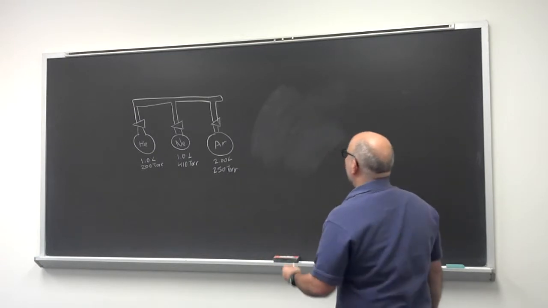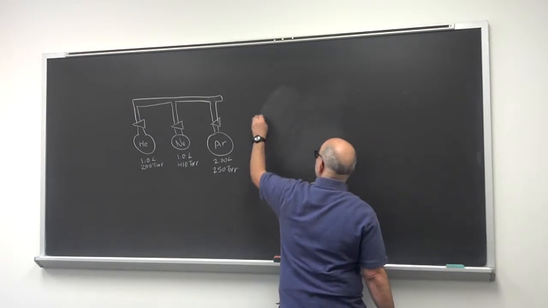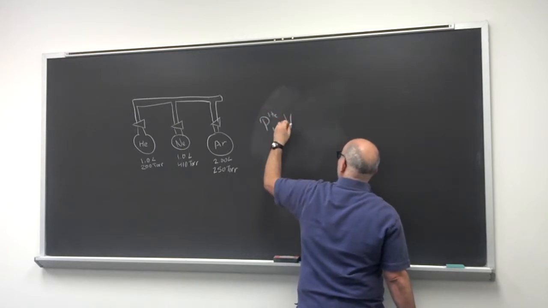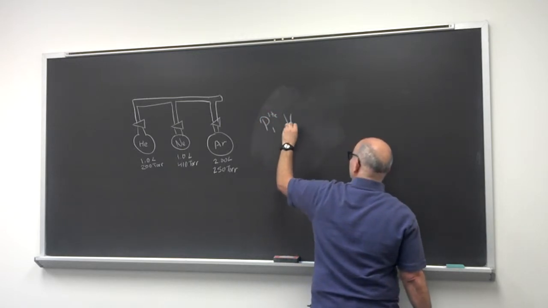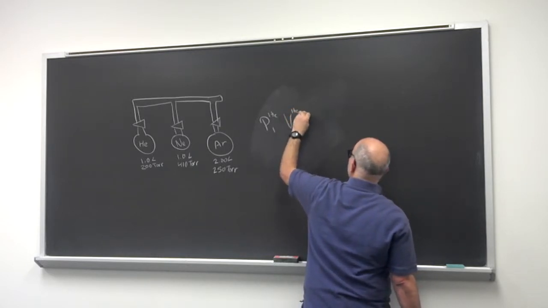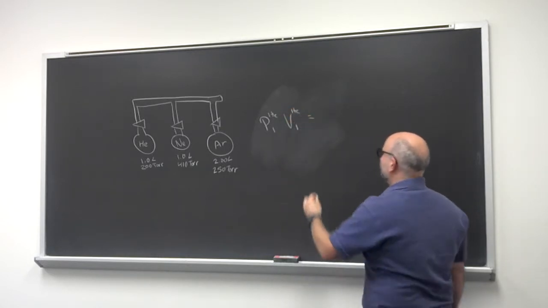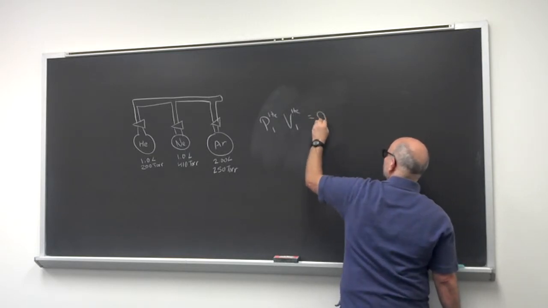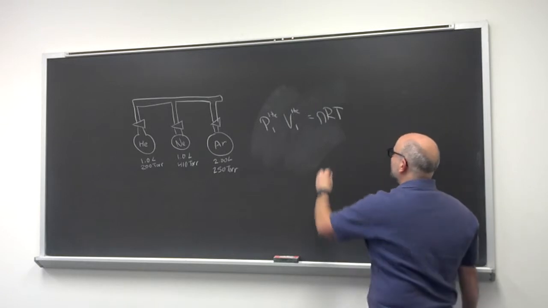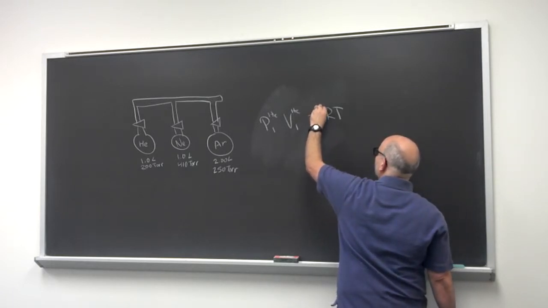So you need to think about this just a little bit differently. Consider for any one gas, let's say helium. What we can say is that the initial pressure, which I'll just call pressure 1, times the initial volume of helium is equal, according to the ideal gas law, to N times R times T, and this would be N helium as well.